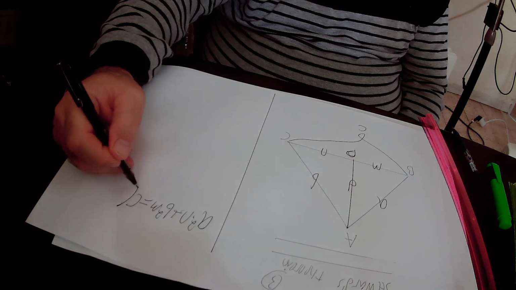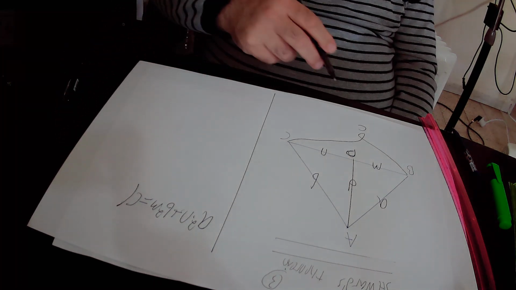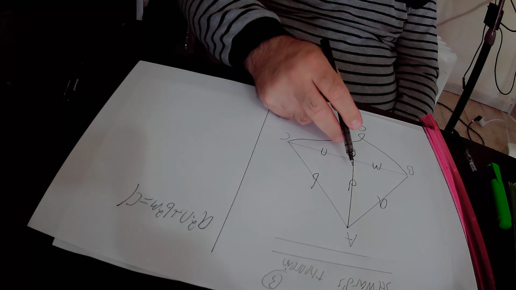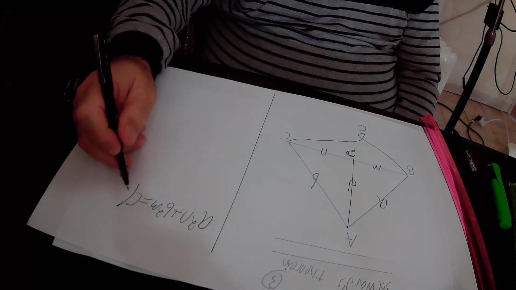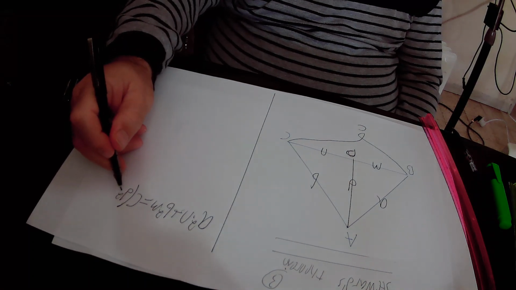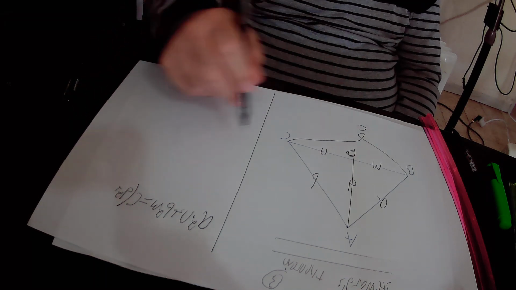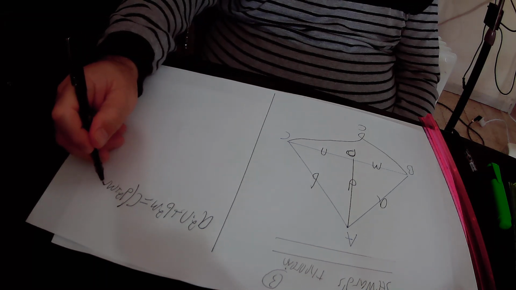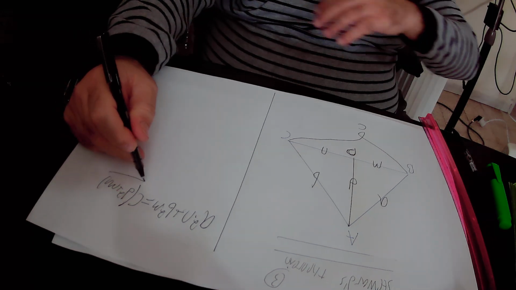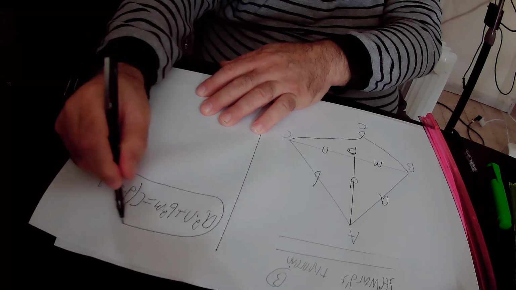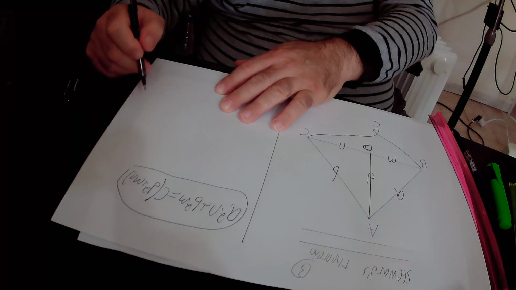We'll open the brackets, and inside the brackets we have D squared plus M times N. I repeat again.